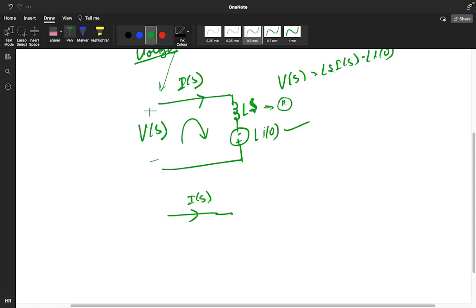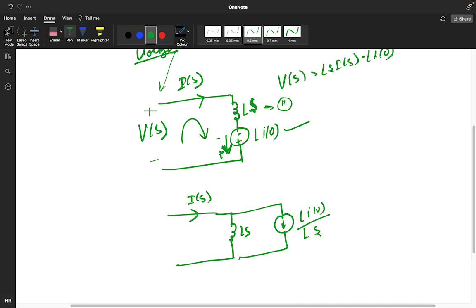A resistor will come in parallel, so this impedance Ls comes in parallel. And if you want to make your current source, this arrow shows positive and this is negative. So what will it be? Li of 0 divided by Ls. The L will get cancelled out, so this can be written as I of 0 by S.